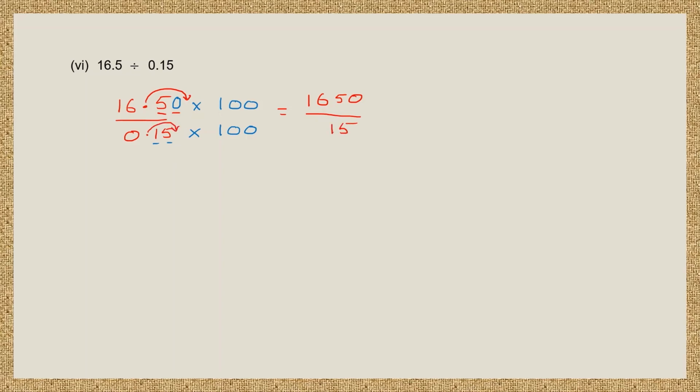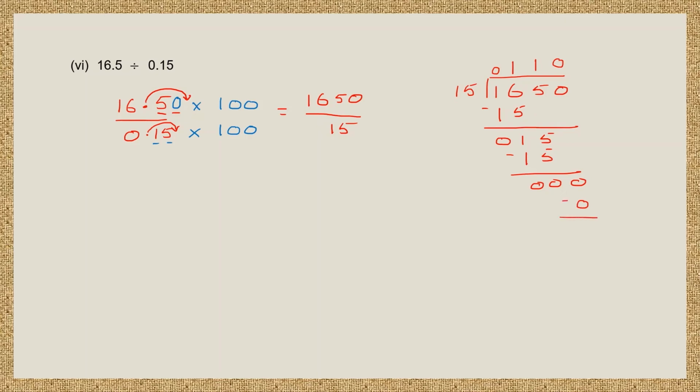So let's do that division. 1650 divided by 15. 15 ones are 15, minus, 6 minus 5 is 1, 0, I bring down 5, it's 15. 15 ones are 15, minus, 0. 15 zeros are 0. So what is my answer? My answer to this question is 110.